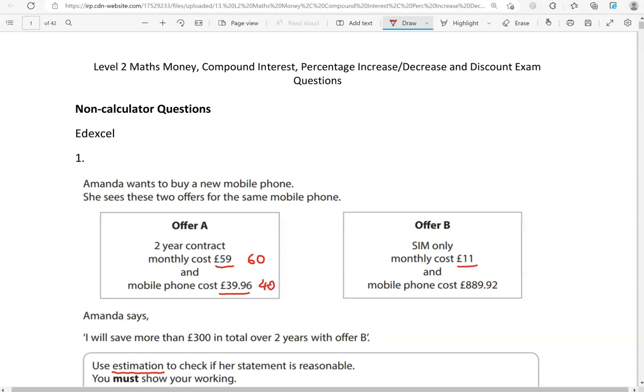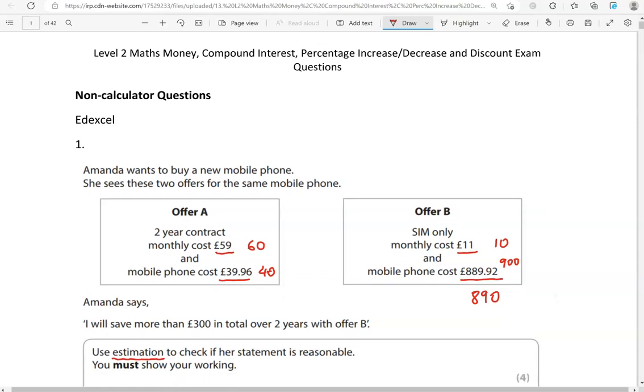Monthly cost of 11, we can round that to 10. £889.92, we can round that to 900, or 890 to the nearest £10. 890 in fact might be a better number as we rounded all of these to the nearest 10. However, it's not wrong to round it to 900.